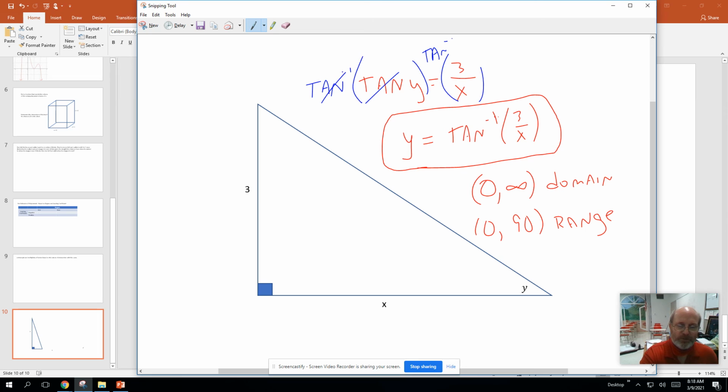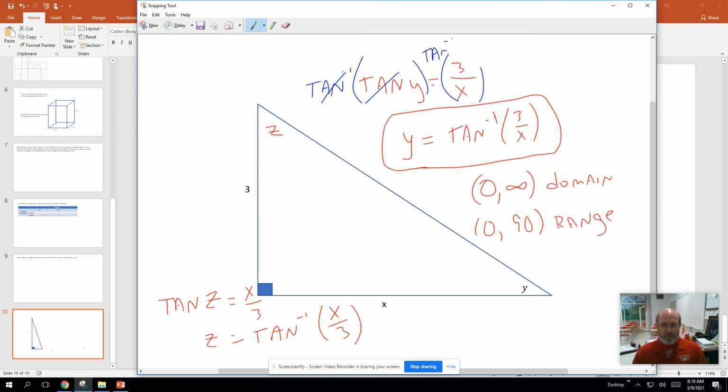If we were going to do this one, let's call it z, and write z as a function of x, then we could say that tangent z equals x over 3. If we take the inverse tangent of both sides, on the left side we get z, and z would equal the inverse tangent, or the arc tangent, remember we can write it like that also, of x over 3.